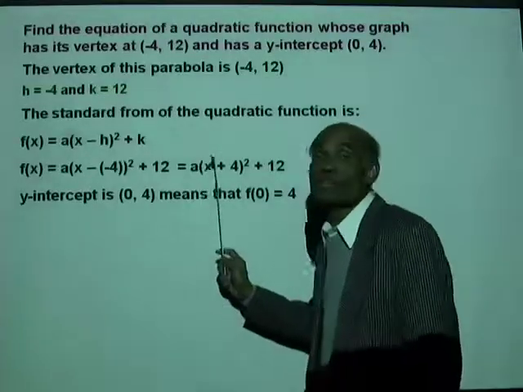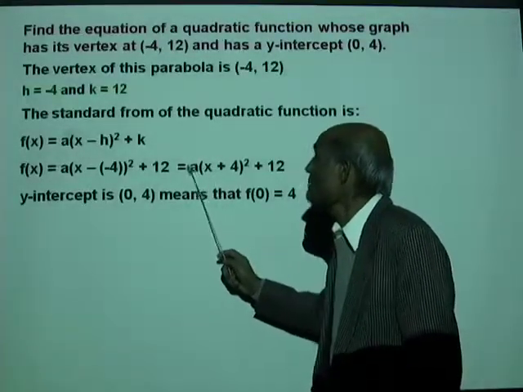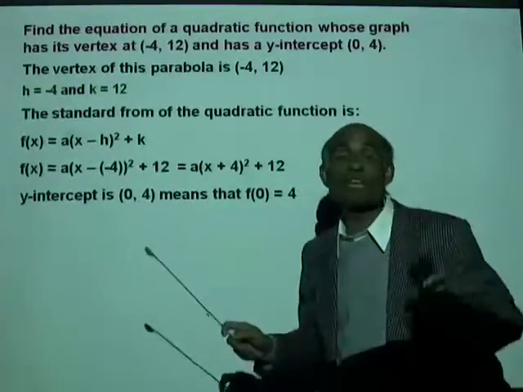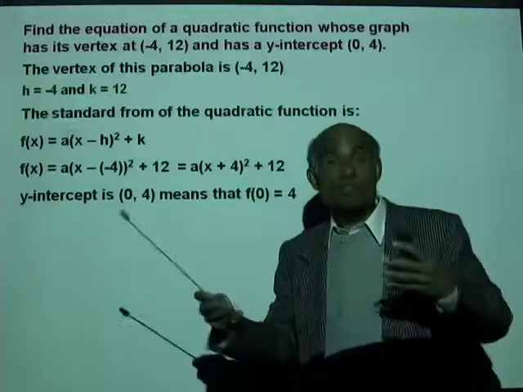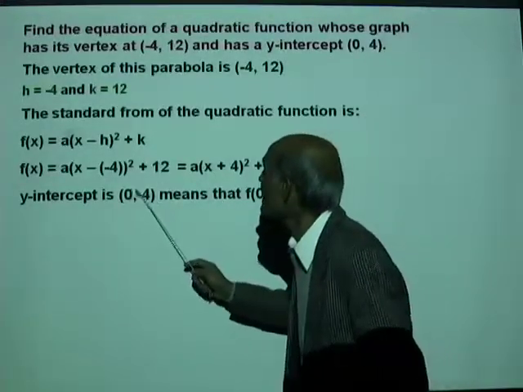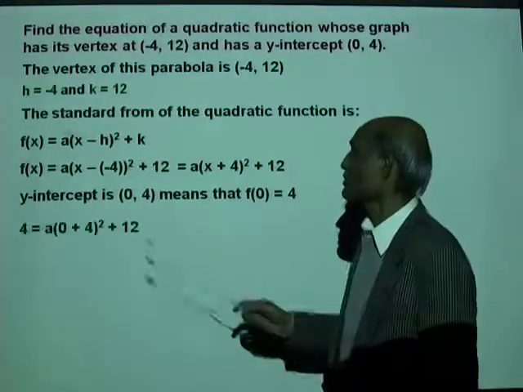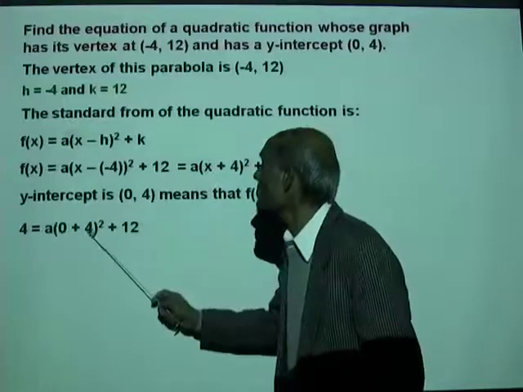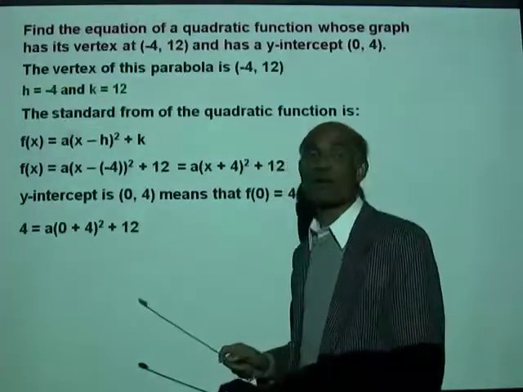Now, we need to find the value of a. How do you do that? We know that the y-intercept (0, 4) is a point on the graph, which means when x equals 0, y equals 4. So we say 4 equals a times (0 plus 4) squared plus 12.